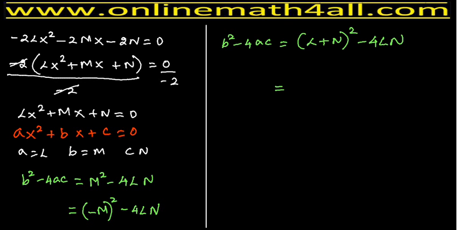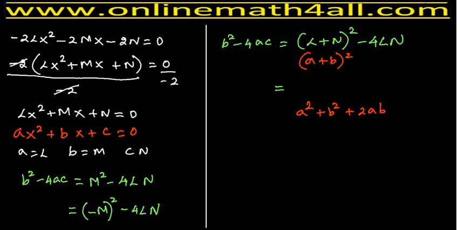So now we can expand this using the identity a positive b the whole square. When I apply the identity a positive b whole square for l positive n whole square, the result will be a square positive b square positive 2ab. This is the result for the identity. When we compare l positive n whole square with the identity, instead of a we have l, instead of b we have n.